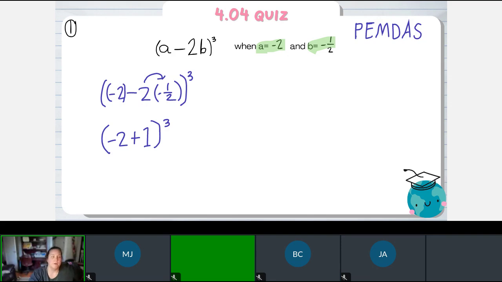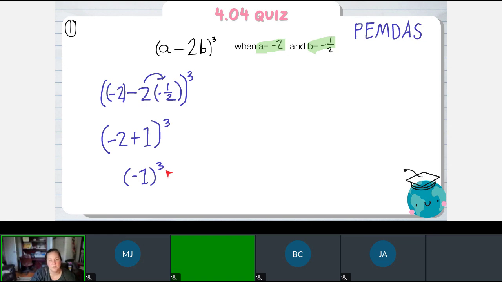So here's what we have so far. We still have parentheses, so we want to solve that before we move past the P. We have -2 plus +1, which is just going to give us -1 and cubed. Now we're moving on to exponents.